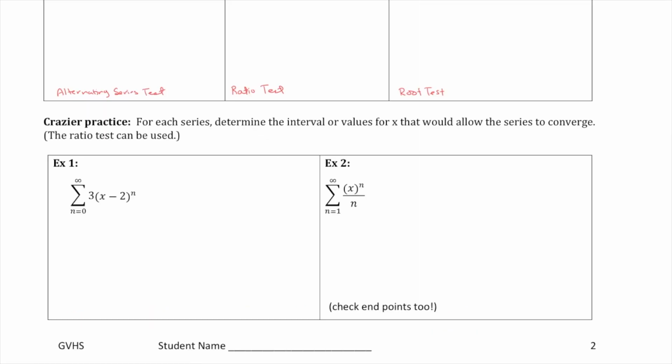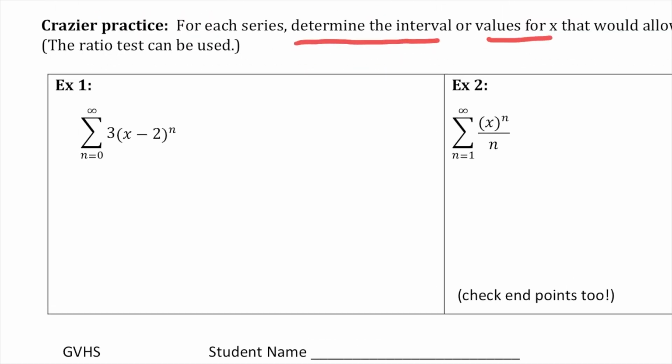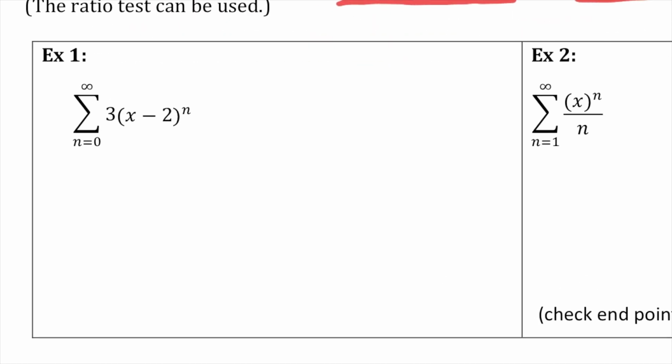So let's look at example 1 and example 2. For each series, we're going to determine the interval, or the values of x, that would allow our series to actually converge. To do this, we're going to use our ratio test. So for example 1, we write the limit as n goes to infinity, as that's our test for convergence.